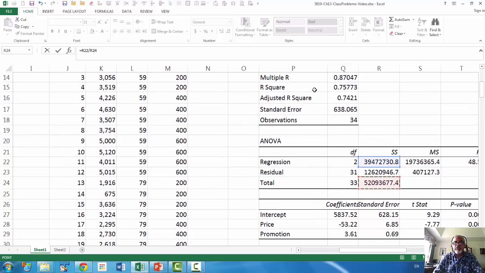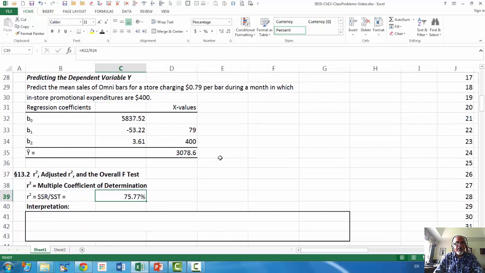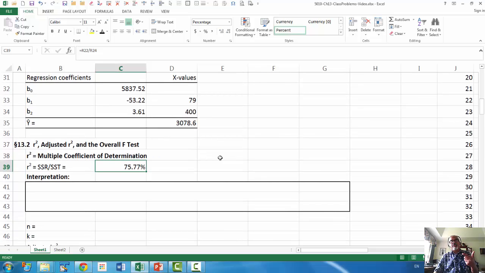Of course, that's going to be equal to this R squared value, which is 0.75773. We'll put that as a percentage. That means 75.77% of the variance in sales is explained by the regression analysis, or the regression equation.